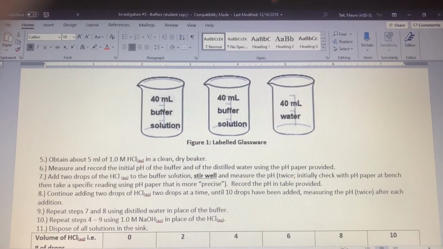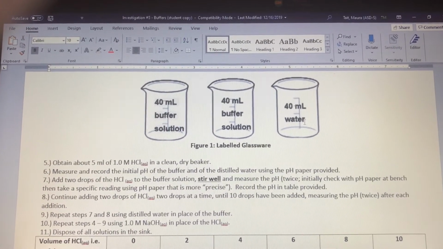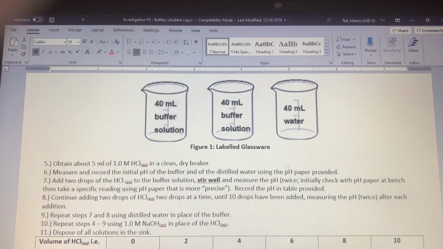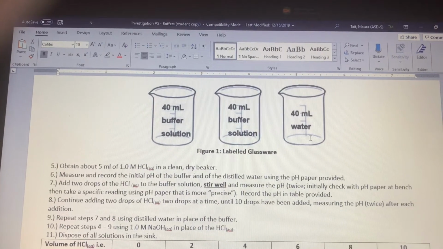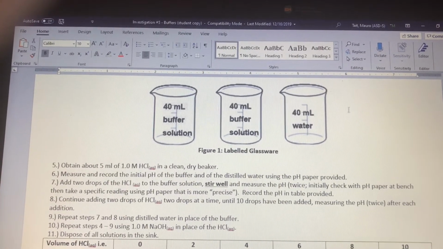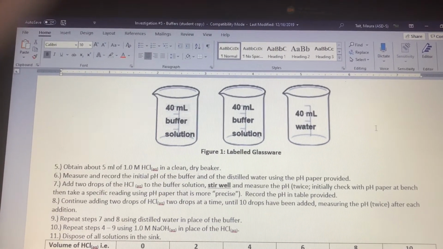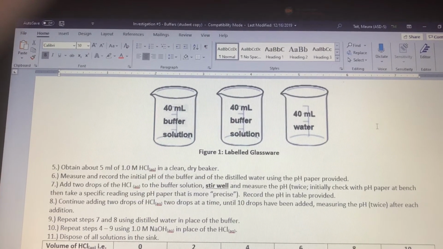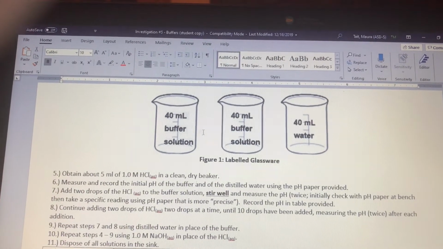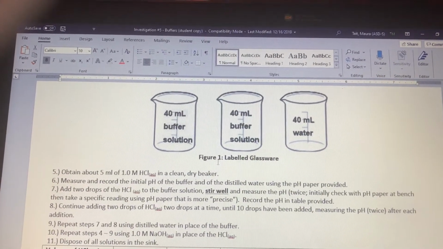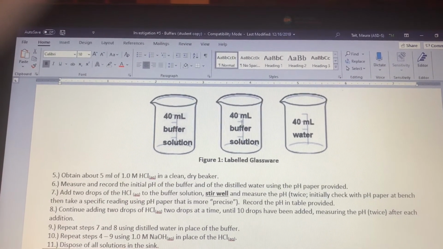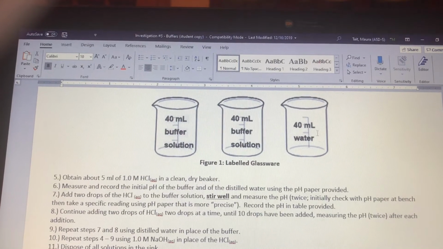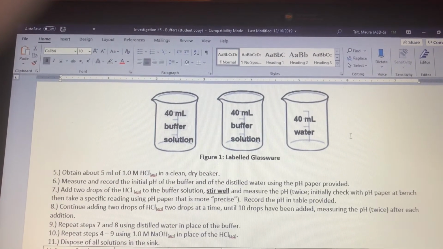And then I took a sample of water and I added acid and continually checked its pH. And I took another sample of water, which I don't have drawn here, and I added base to it. And I compared what happened with adding acid to the buffer compared to adding acid to the water, and what happened when I added base to the buffer compared with what happened when I added base to the water.